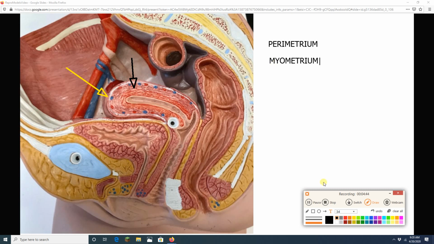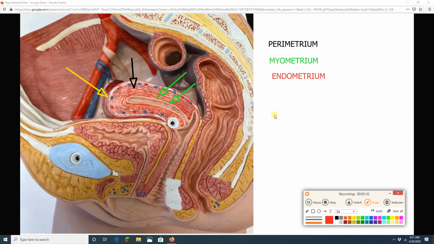And underneath that, there is going to be another layer, and it actually has two parts to it. So I'm going to put an arrow on both parts right here and right here, kind of the red and the tannish there. So that is going to be my endometrium.